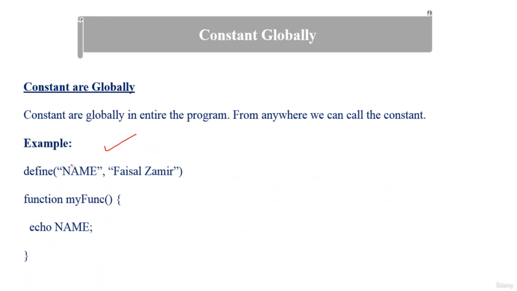You can see that this name is written outside. You can use it inside. If you define a constant inside, you can also use that constant outside of that specific block of code. Now I provide an example to clear your concept of how a constant works as global.